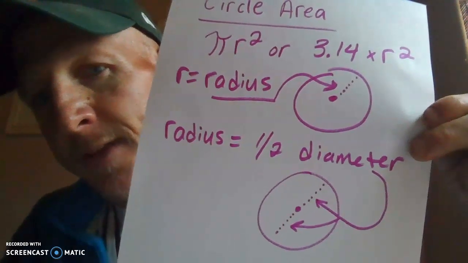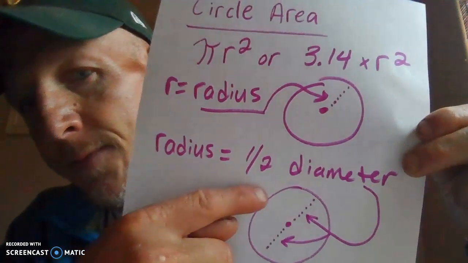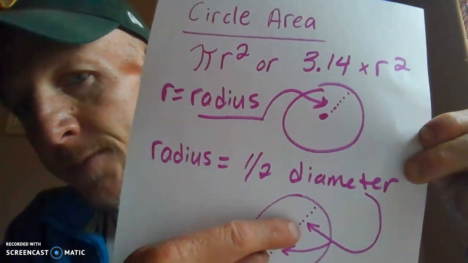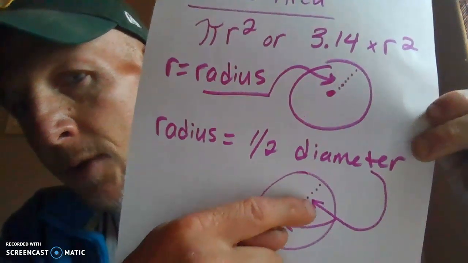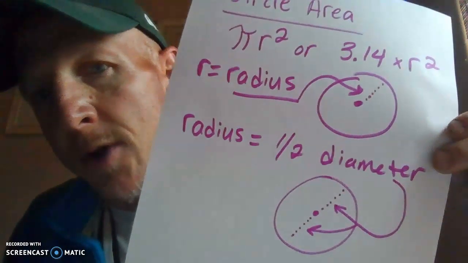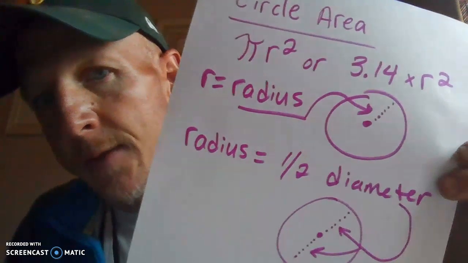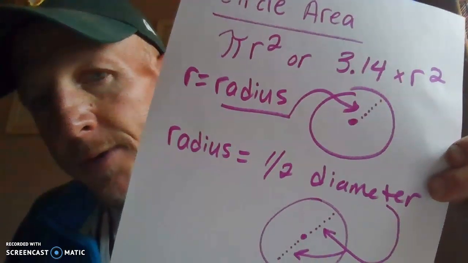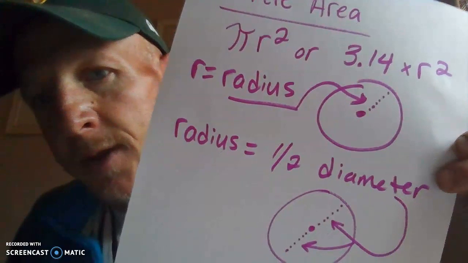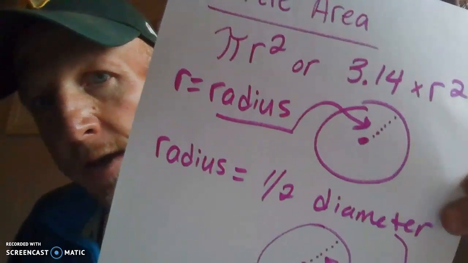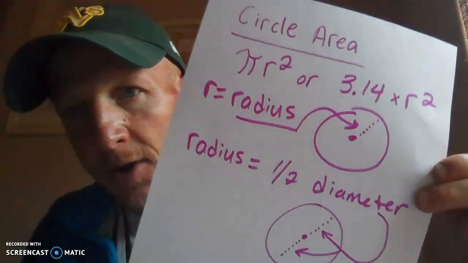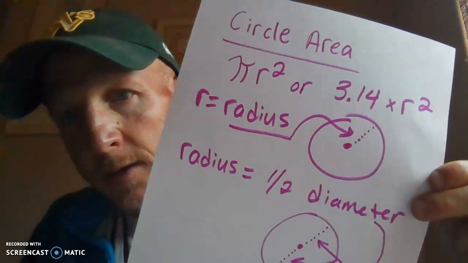If I could lift this diameter, the distance across this circle, it would wrap around this circle 3.14 times, no matter how big or small the circle is, okay? So radius is the middle out and is half the diameter, and the diameter is 2 times the radius. So there's your formula for finding the area of a circle.